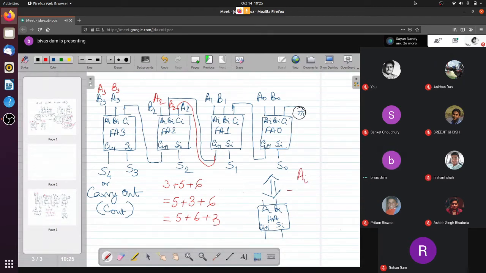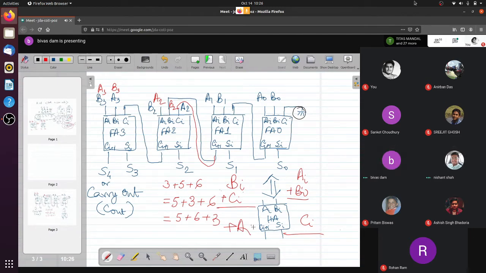So, in case you add AI with BI, and then with that you add CI, will it produce a different value compared to the addition of BI plus CI and then plus AI? No, sir.